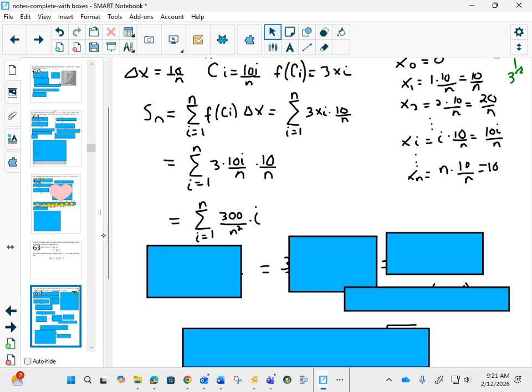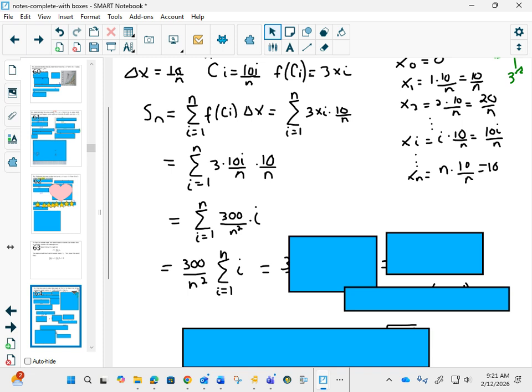And I just have to add that up from 1 to n. Now, since n is a number, the 300 over n squared would come out in front. And now I'm just adding i up to n of i, which was one of the formulas we learned yesterday.